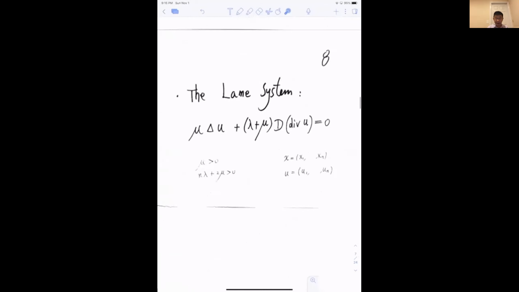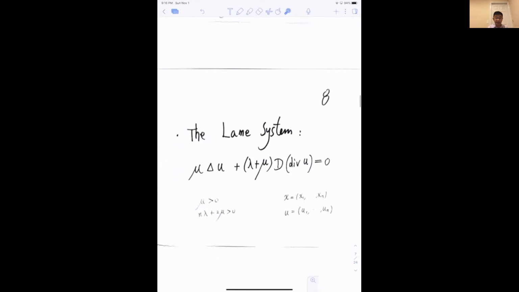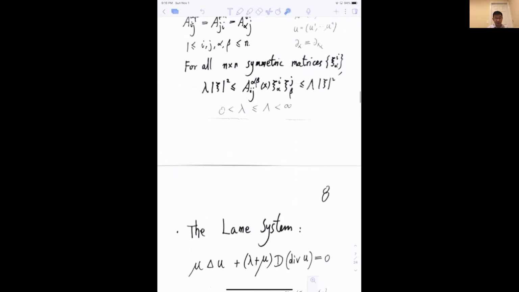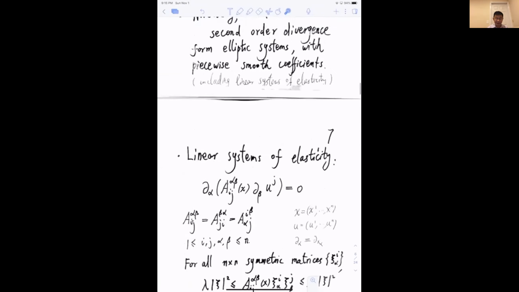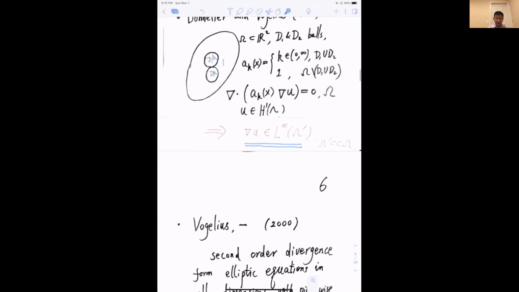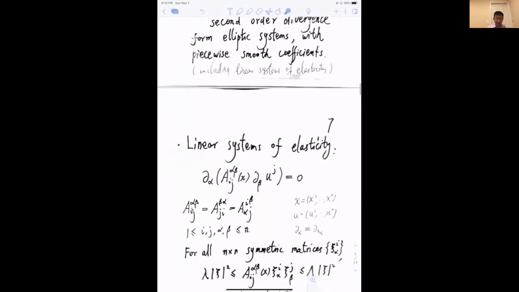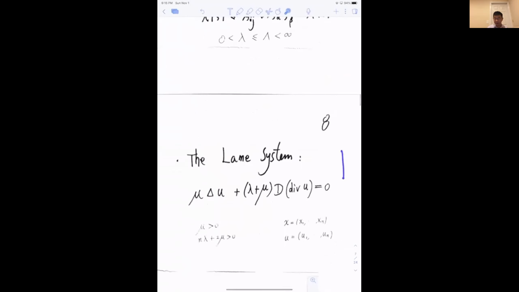The simplest one is the homogeneous isotropic. It is like this: mu is a positive constant, and lambda plus 2 mu is positive. So this is the system. If one wants to extend the results, we usually first work with equations like this, and then to extend to systems, we would first try this.